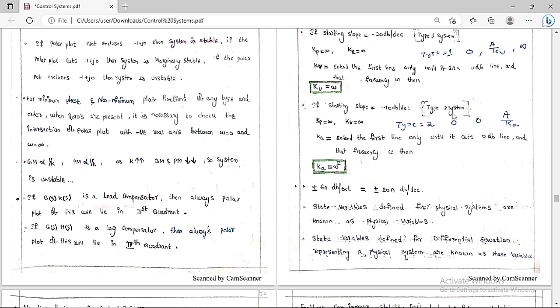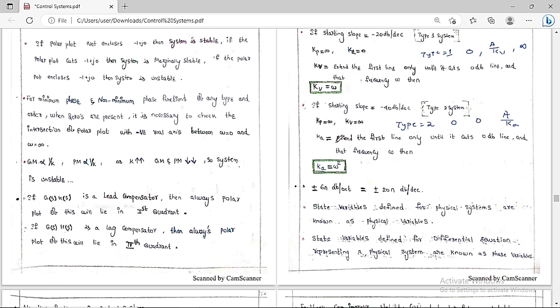If you see clearly, for step input, if the steady state error is 0, then A by 1 plus Kp is 0. So what is the value of Kp? Infinity. Similarly, A by Kv is equal to 0, so Kv is infinity.